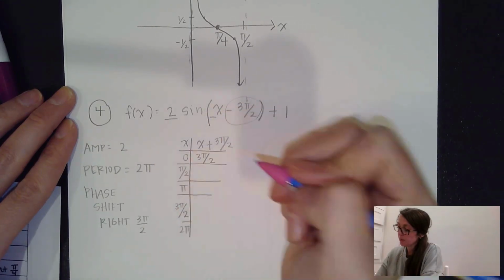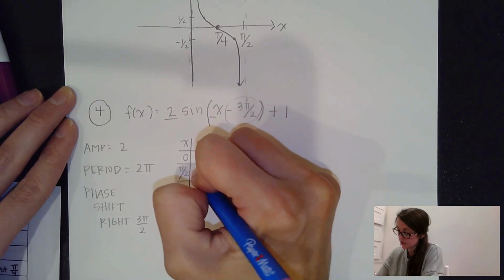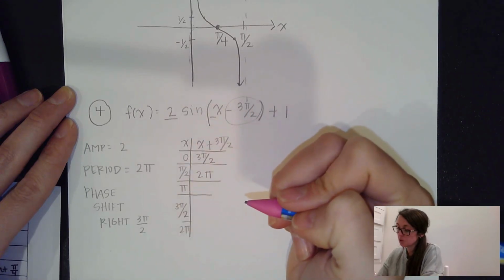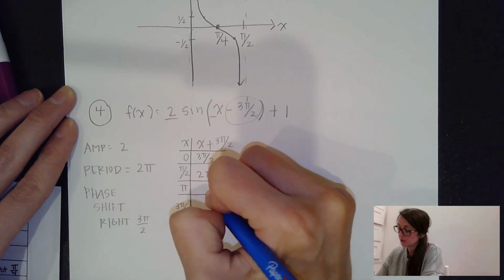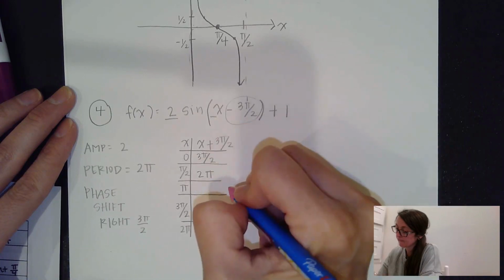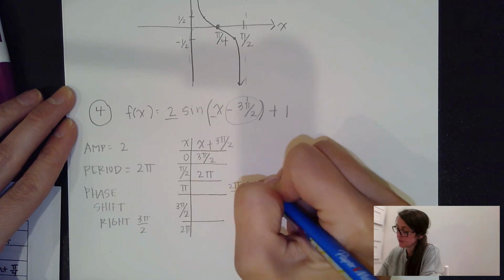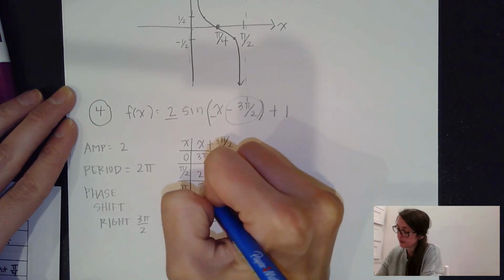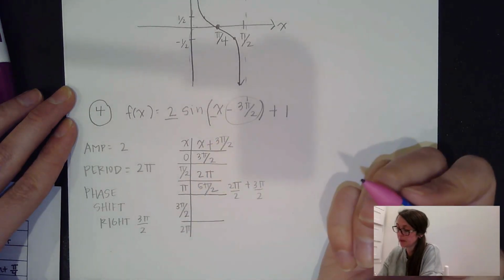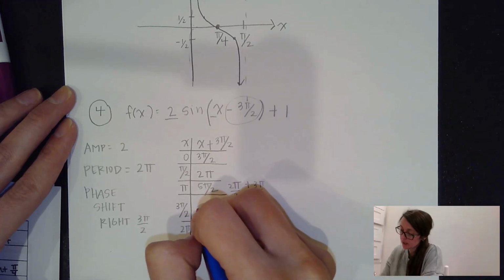Pi over 2 plus 3 pi over 2, that's 4 pi over 2, which is 2 pi. Pi plus 3 pi over 2, that's 2 pi over 2 plus 3 pi over 2, so that's 5 pi over 2. 3 pi over 2 plus 3 pi over 2 is 6 pi over 2, which is just going to be 3 pi.